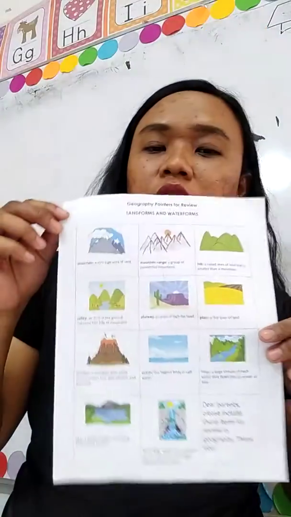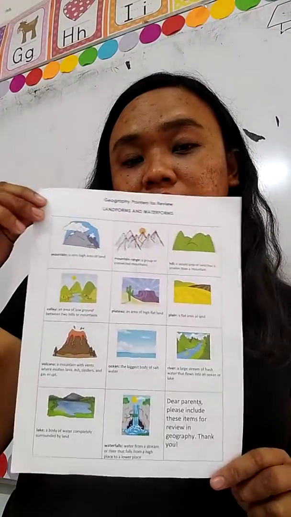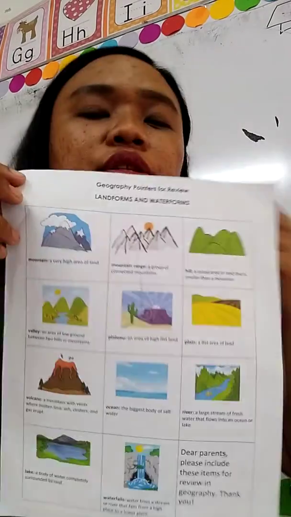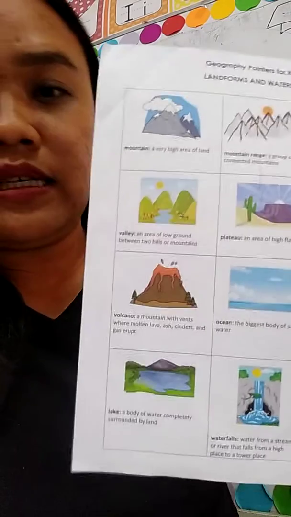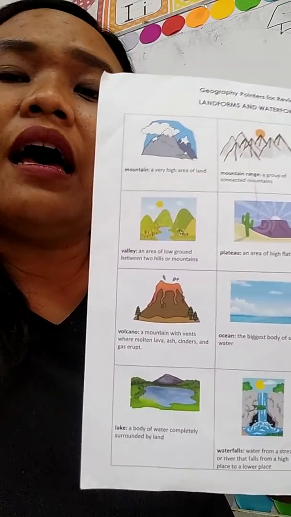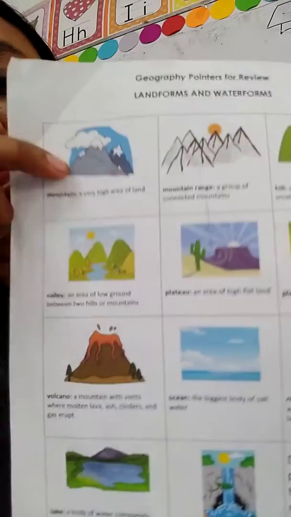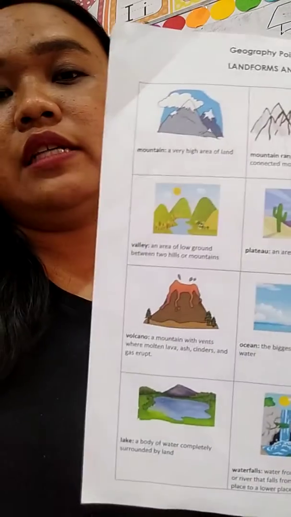Now I want you to get your paper just like this one about the landforms and waterforms. So we'll discuss it again because I just introduced it to you yesterday, so it needs more time for discussion. So let's start.